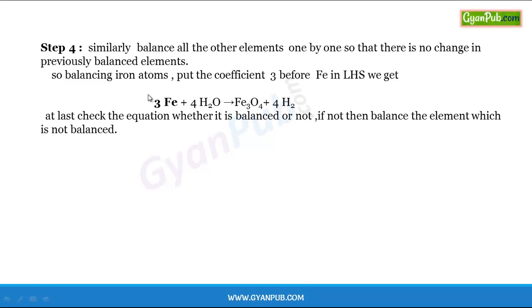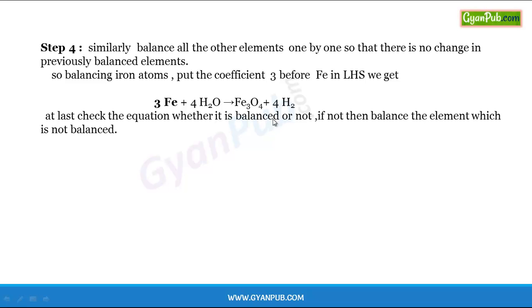So now, at last, check whether the equation is balanced or not. If not, then balance the element which is not balanced. So now we are going to check whether this equation is balanced or not. There are 3 iron atoms on the left hand side and 3 iron atoms on the right hand side, 8 hydrogen atoms on the left hand side and 8 hydrogen atoms on the right hand side, and 4 oxygen atoms on the left hand side and 4 oxygen atoms on the right hand side.